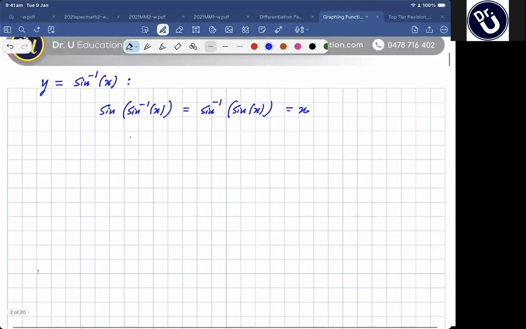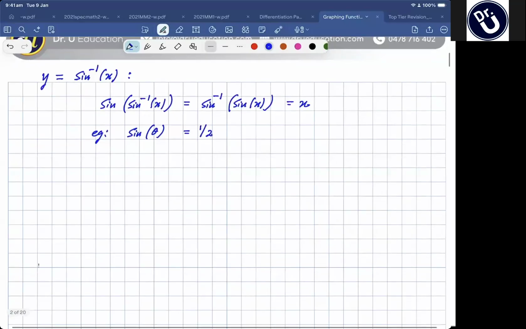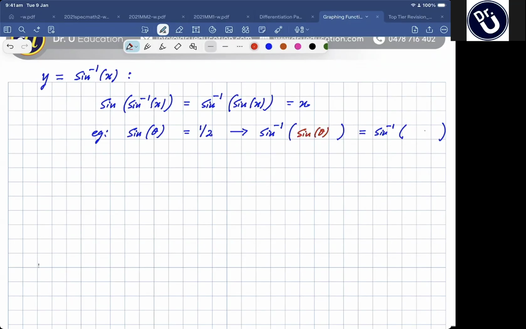So when you have something like sine theta is equal to half, then you need to find theta. So what you do is introduce sine inverse on both sides, like this. And then you put this here, because sine theta is equal to half, right?